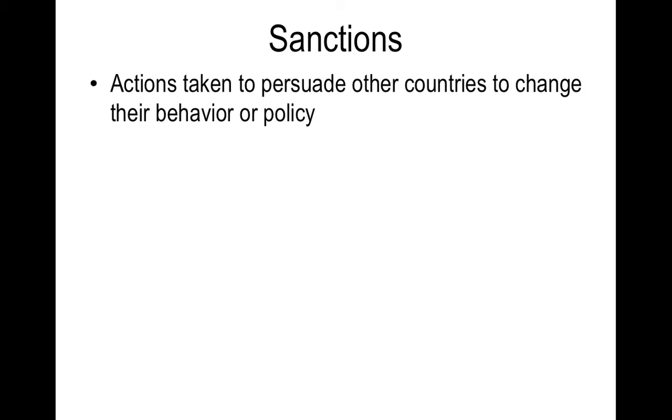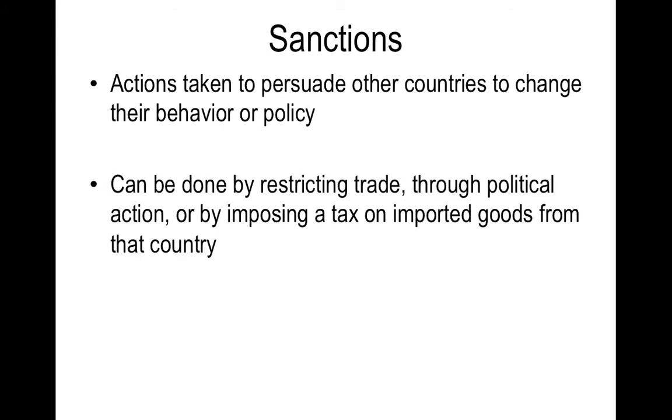Sanctions are actions taken by the United States to persuade another country to change their behavior or their policy. Now, this can be done in many ways. It can be done through restricting trade, through political action, through a treaty, through taking out our military force. As you know, there's military all over the world.